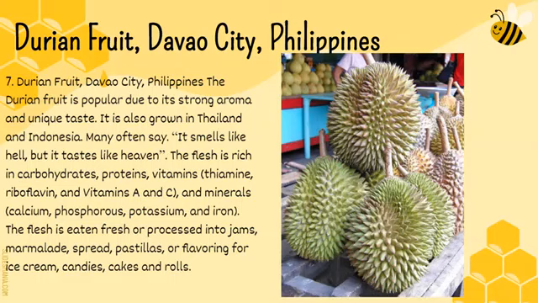The flesh is rich in carbohydrates, proteins, vitamins like thiamine, riboflavin, and vitamins A and C, and minerals like calcium, phosphorus, potassium, and iron. The flesh is eaten fresh or processed into jams, marmalade, spread, pastillas, or flavoring for ice cream, candies, and rolls.